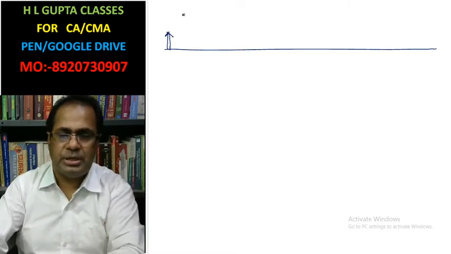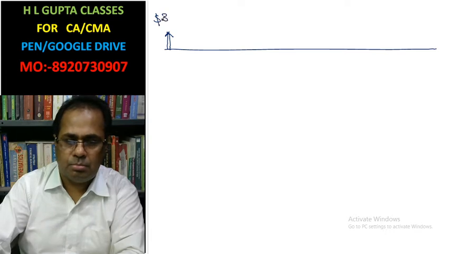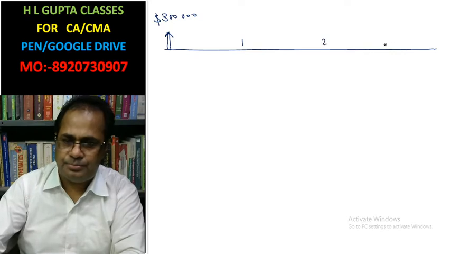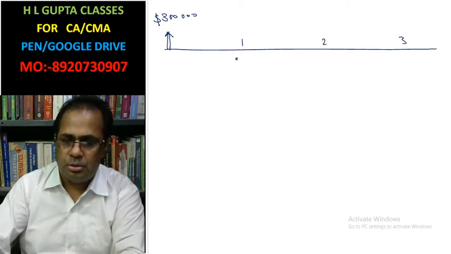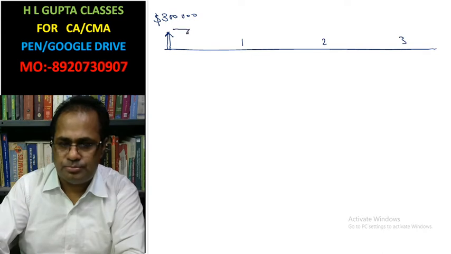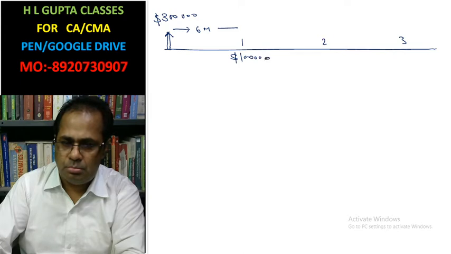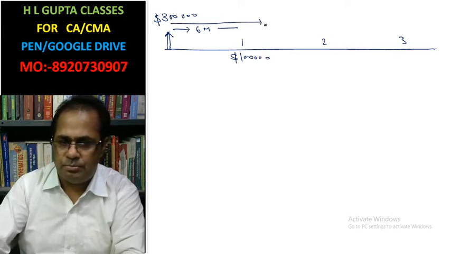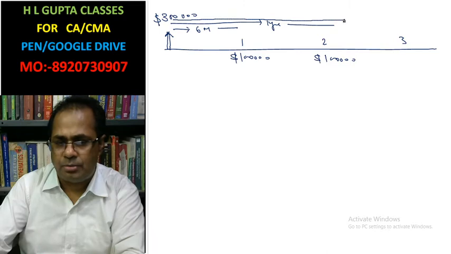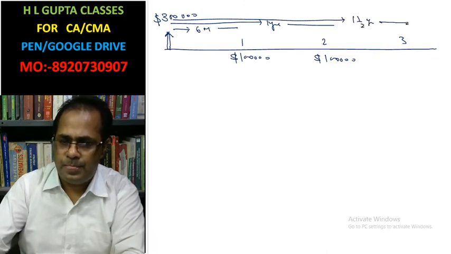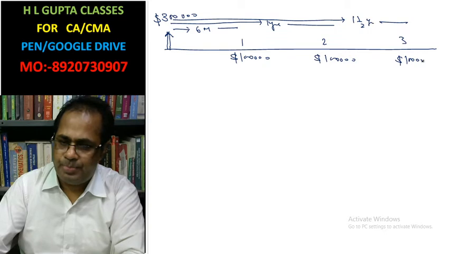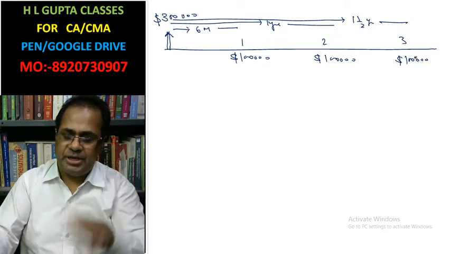This dollar amount the person has to pay: after 6 months, $1 lakh; after 1 year, $1 lakh; after 1.5 year, $1 lakh you have to pay. Okay, there are 3 options of payment.